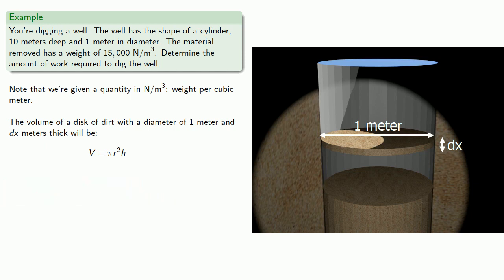Since the diameter of the cylinder is 1 meter, that means the radius is 1/2 meter. And since we're taking a slice, the thickness is going to be a little bit of x, dx. And that gives us our volume. So the weight will be the volume times the density, 15,000.